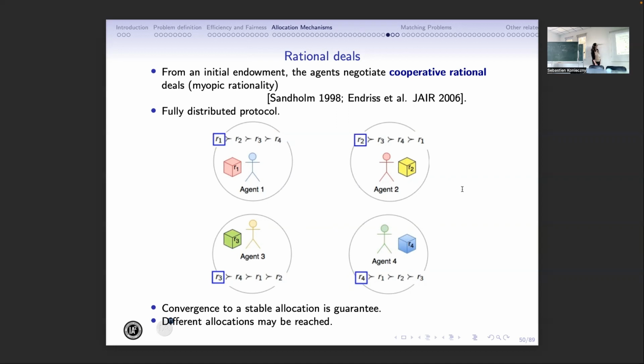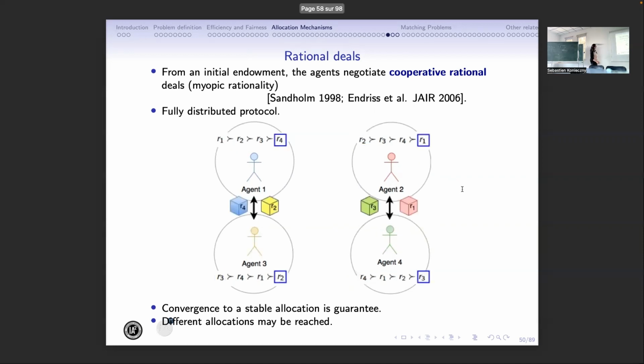But in fact, we have seen one sequence of exchange, but the agents could have exchanged in a different way. So if we restart from the initial allocation and we consider another sequence of exchange, in this case, agent 1 exchanges with 3 and 2 with 4.